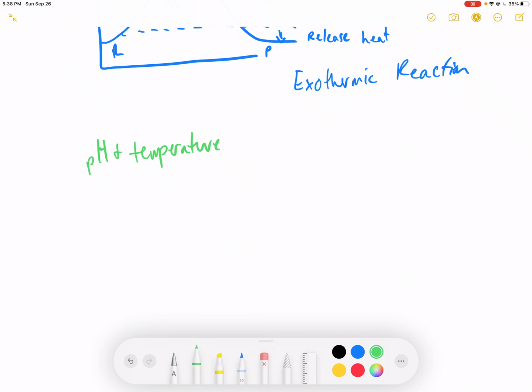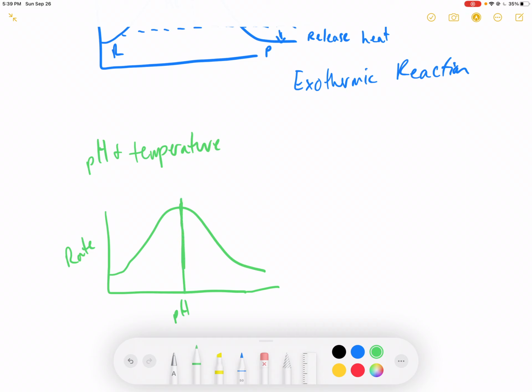So, a couple things that we have to do within this. Looking at pH, for graph purposes, you guys saw this in your lab. Something like this is my rate of reaction. This is my pH. This point right here, I'm going to put a blue arrow.